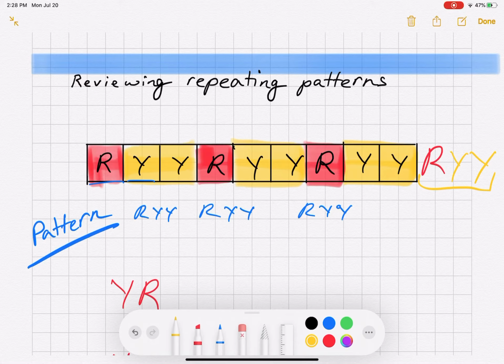When the terms of the patterns repeat, so this is one term right here, and here's another term. This is the first term and the second term and so on. When the terms of the pattern repeat, the pattern is called a repeating pattern.